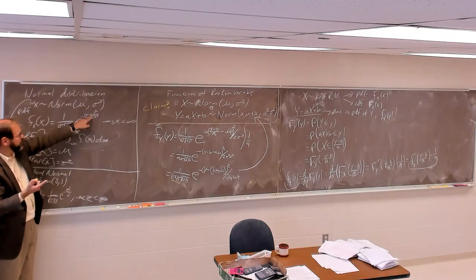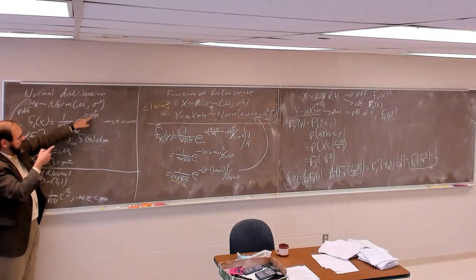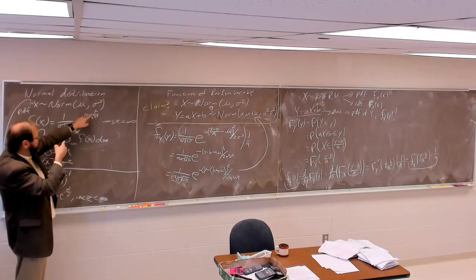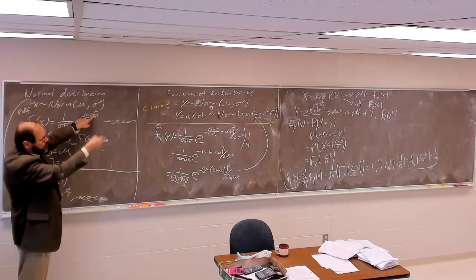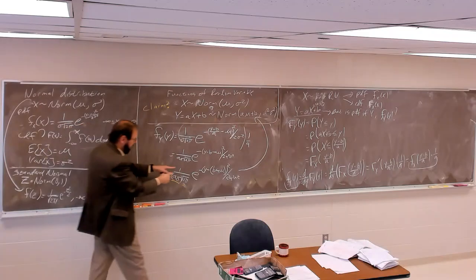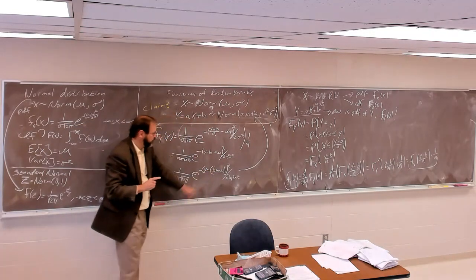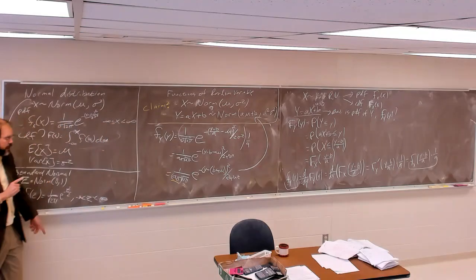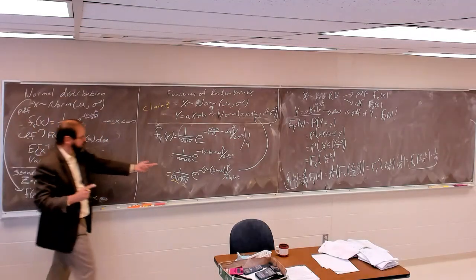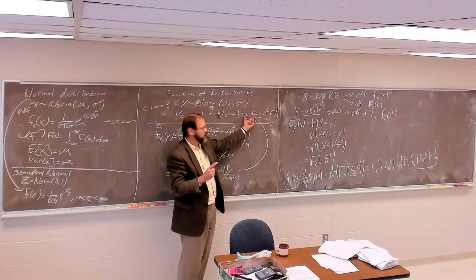Instead of having a mu here, I should be subtracting off a mu plus b, and notice I have my y minus b plus a mu, but b plus a mu is the same thing as a mu plus b.